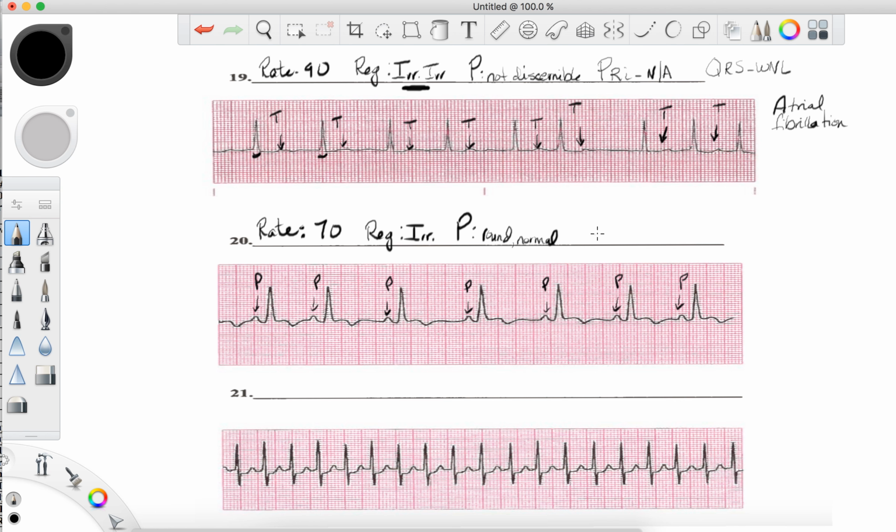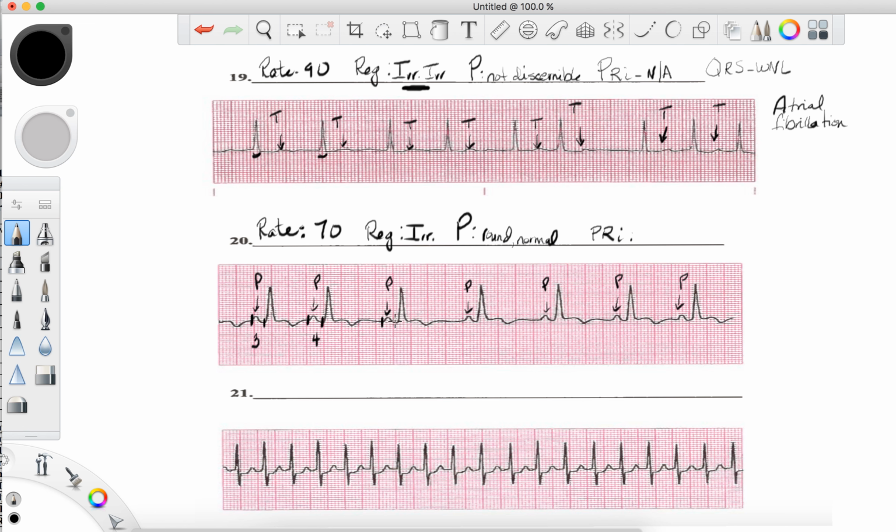So that means we're going to have a decent PR interval, or at least a PR interval in existence. So let's measure it. We've got a PR interval that starts there and ends there, starts there and ends there. And interestingly, here our PR interval looks to be about 3 boxes here, and about 4 boxes here.